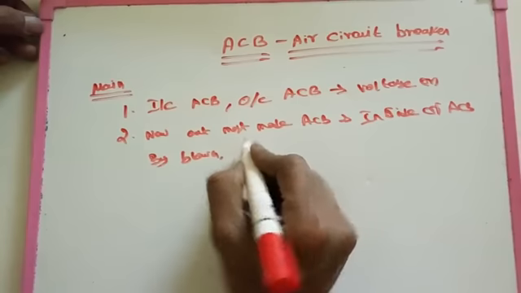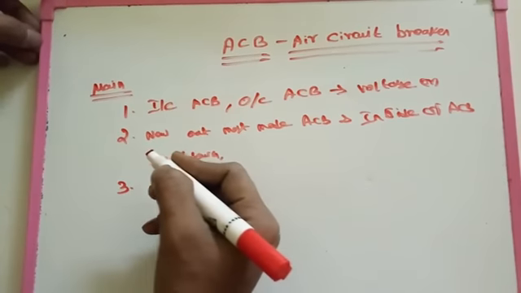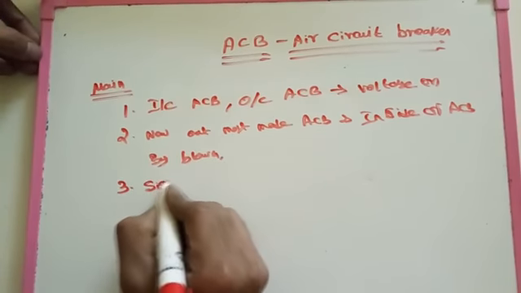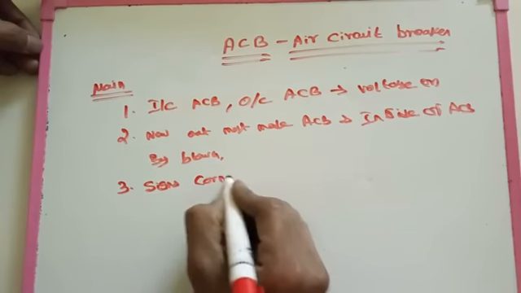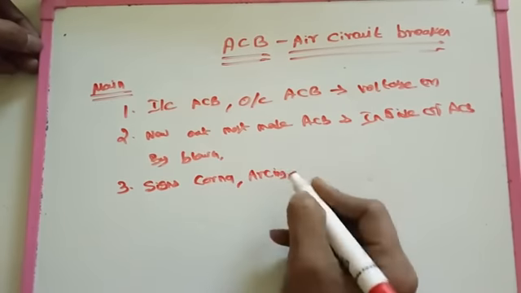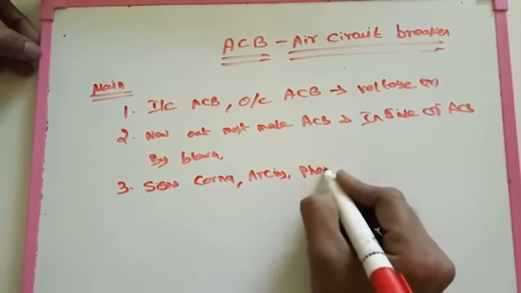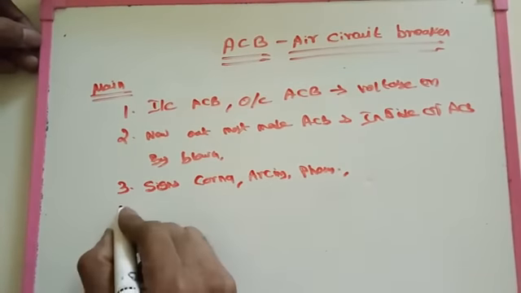Cloth is also good. Then initially we are going to check the signs, that means symptoms, of corona, arcing, and physical damages. So these are the things we are initially going to check.